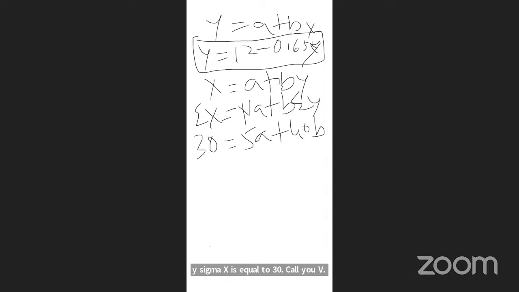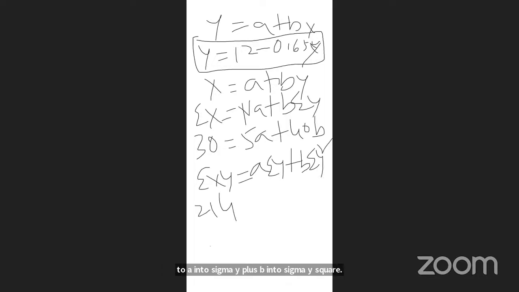This is the first equation. Sigma xy is equal to a into sigma y plus b into sigma y square. So 214 is equal to 40a plus sigma y square, which is 340b. This is the second equation.